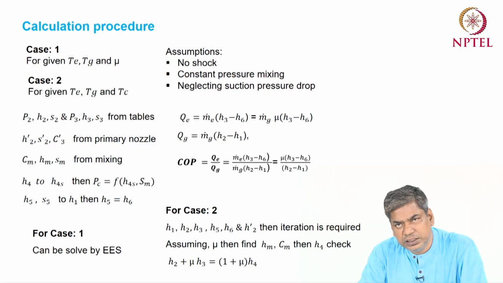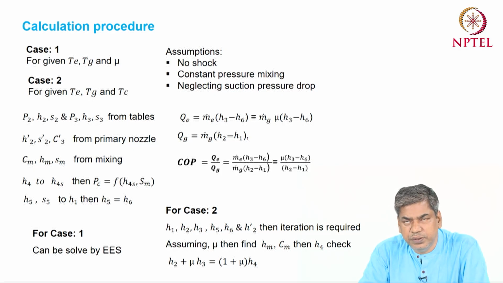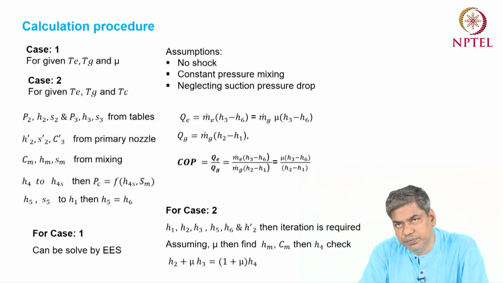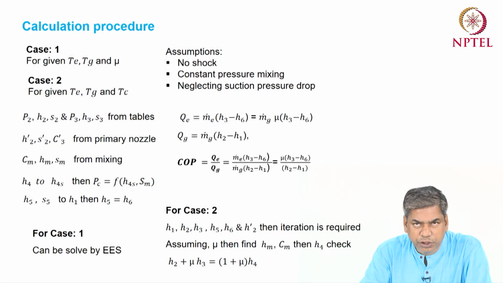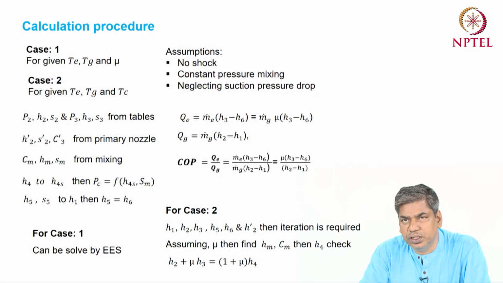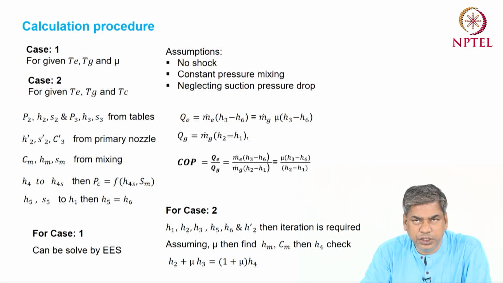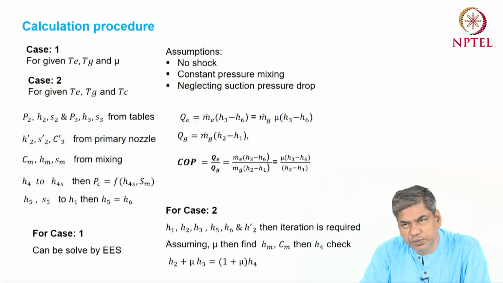And in the second case, mu is not given. For this case the evaporator temperature, generator temperature and condenser temperature, these three temperatures, are given, and efficiencies are given. So for this case you have to calculate the entrainment ratio and the other performance parameters. So these two types of problems are possible in the case of an ejector application system.